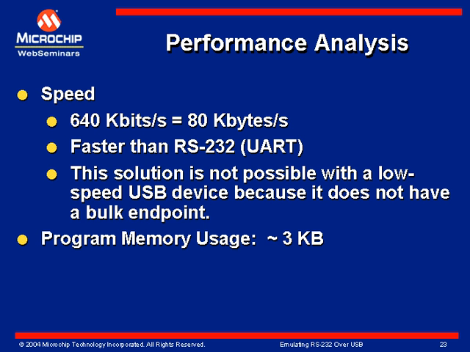And keep in mind that this solution is not possible with a low-speed USB device because it does not have a bulk endpoint. If you do not know what a bulk endpoint is, do not have to worry. Just know that a low-speed USB peripheral cannot use this solution. The program memory required to use this solution is approximately 3 kilobytes, and this does not include the user's program, so it just has the core USB driver and the CDC firmware wrapper around it.